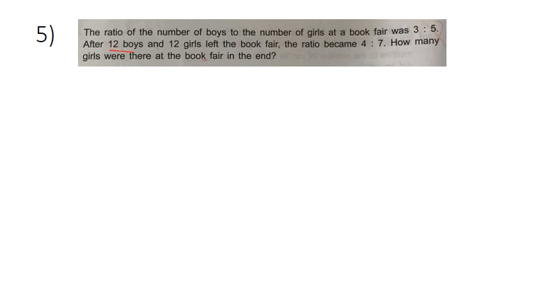And in the second sentence, where it says 12 boys and 12 girls left the book fair, it suggests that the concept used to solve this is also that of constant difference. So let me just put down before and after, as well as the concept.